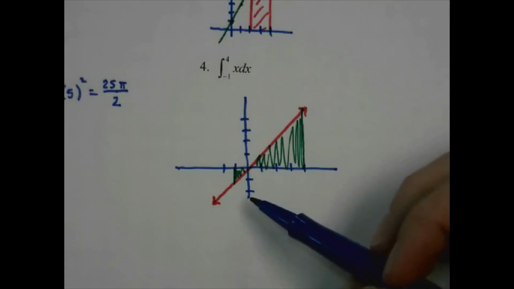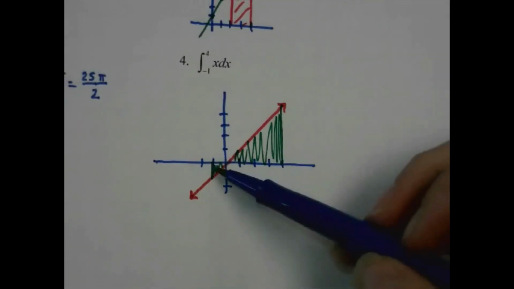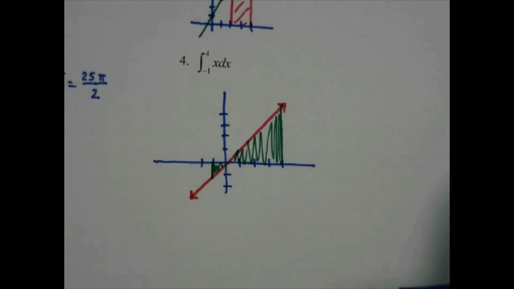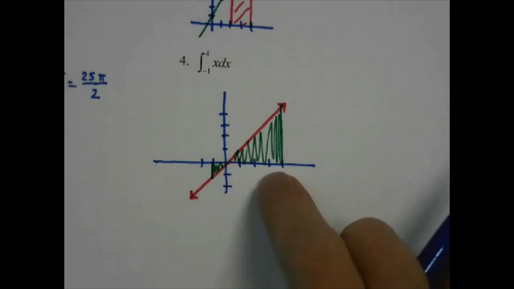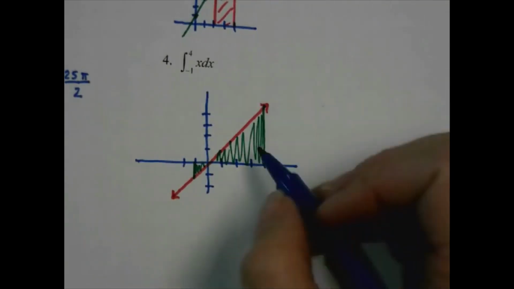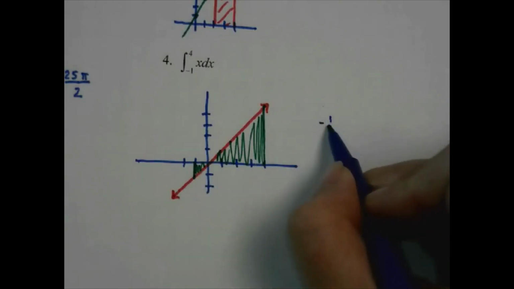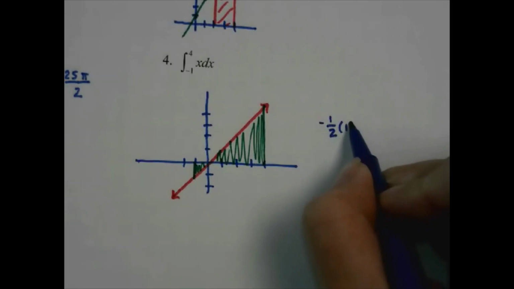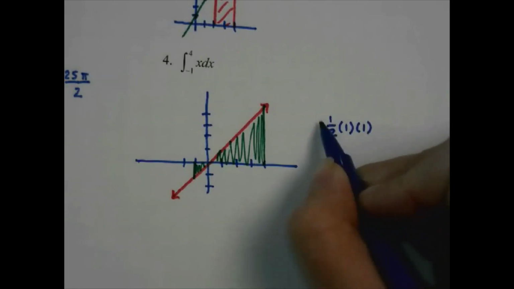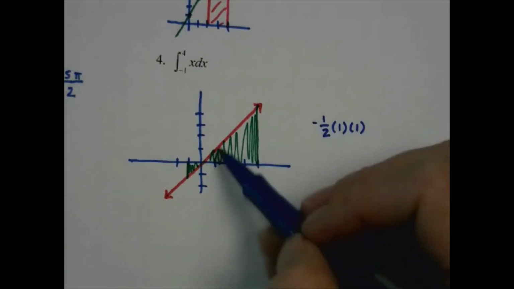And if you're doing an integral, if it's under the x-axis, this area is going to be negative, this area is going to be positive. So this is going to be this triangle, which is going to be -1/2 base times height, which is 1 and 1. But it's got to be negative if it's below the x-axis.